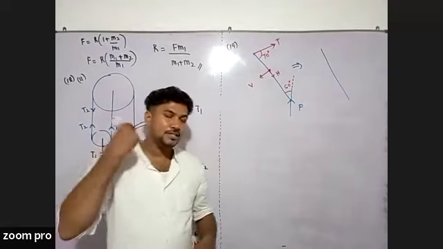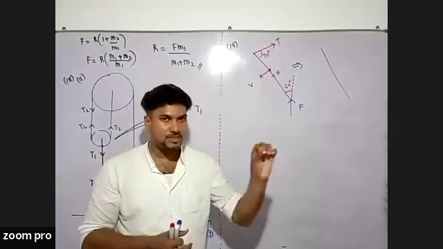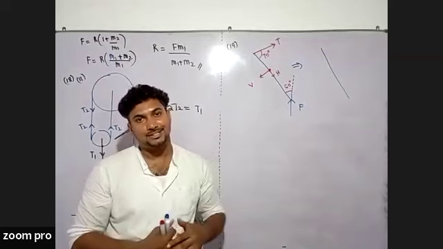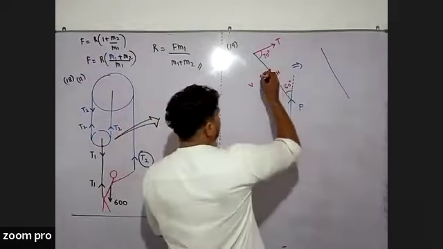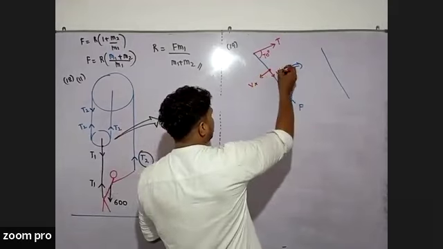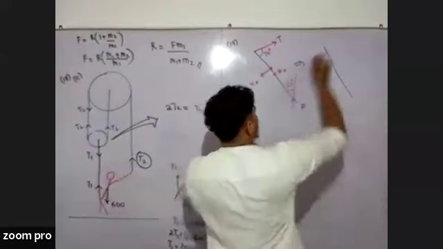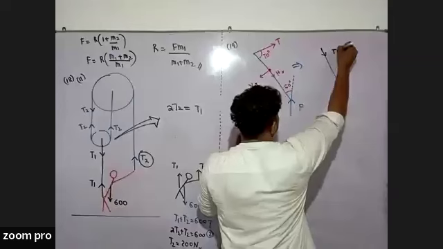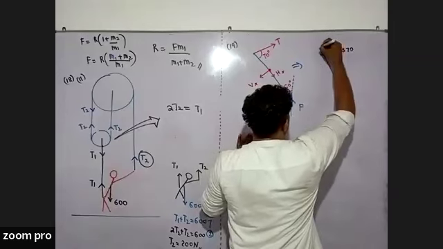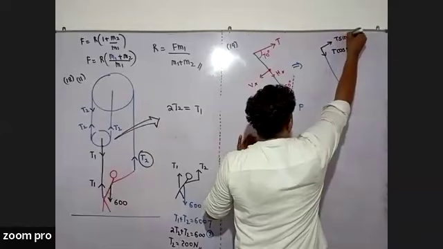Remember how we resolved forces acting on an inclined surface. Likewise, you don't need to worry about this V and H, but we do have to consider the T. If I resolve the T parallel to this inclined surface, it can be considered as T cos 70. If I consider the vertical component, it should be T sin 70.